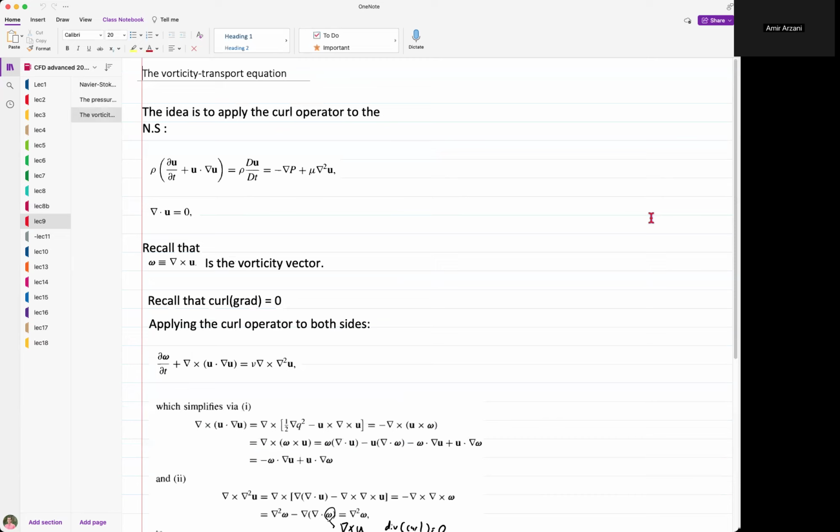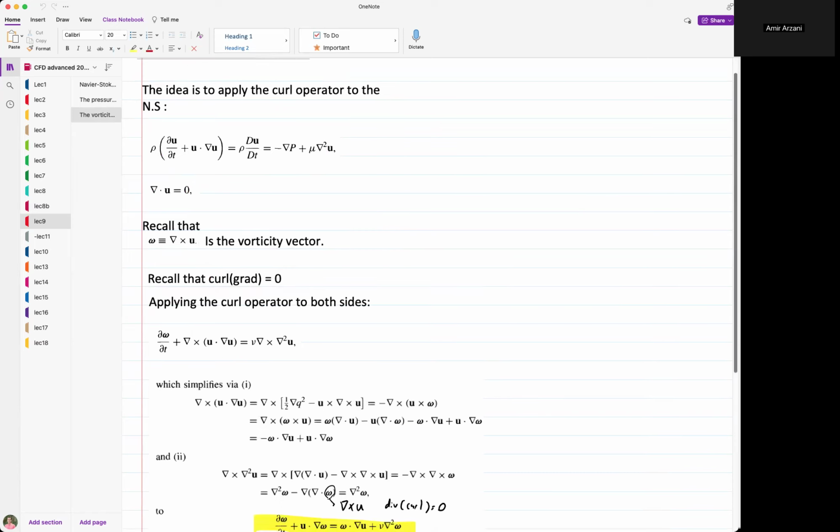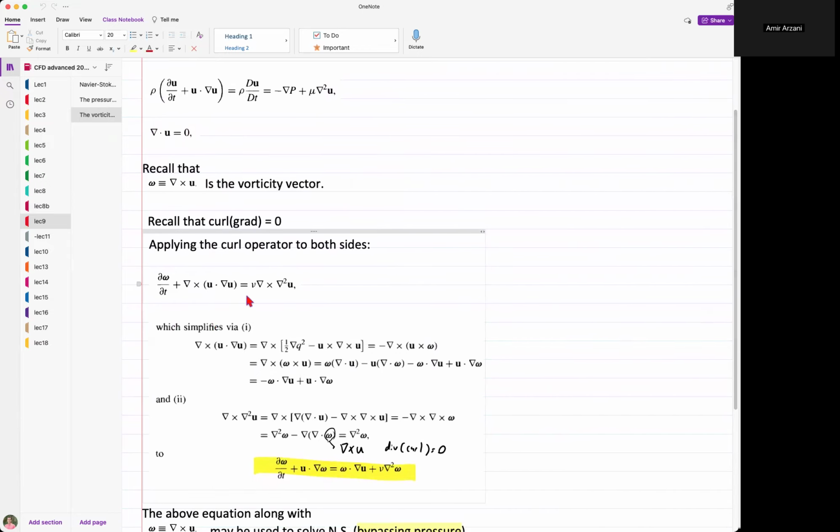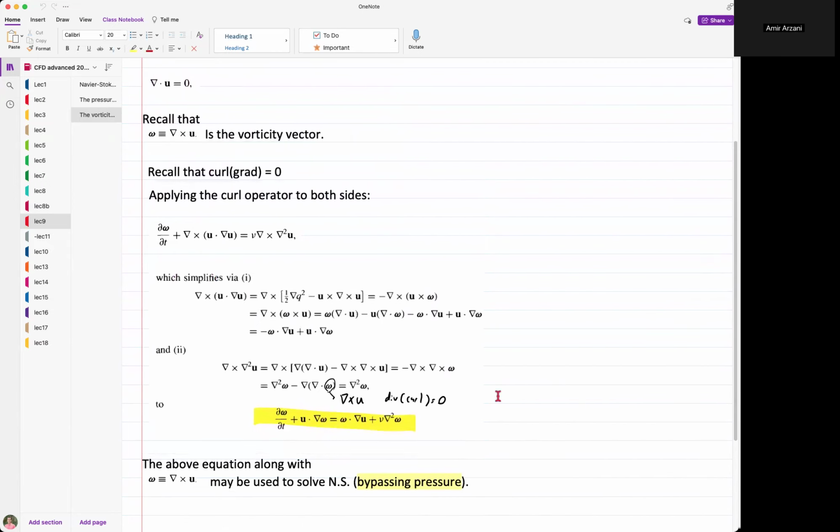Okay. Finally, we also have the vorticity transport equation, which we'll not be using in this class, but I'll just mention it briefly. If you take the curl of both sides of the momentum equation, we can derive this vorticity transport equation. This is a derivation you all see in your graduate level fluid mechanics class. So you get this vorticity equation.